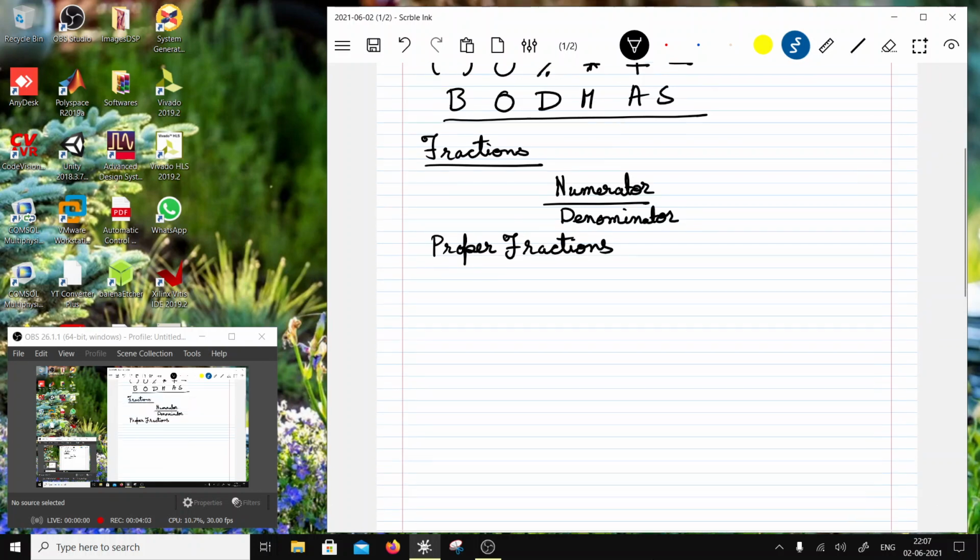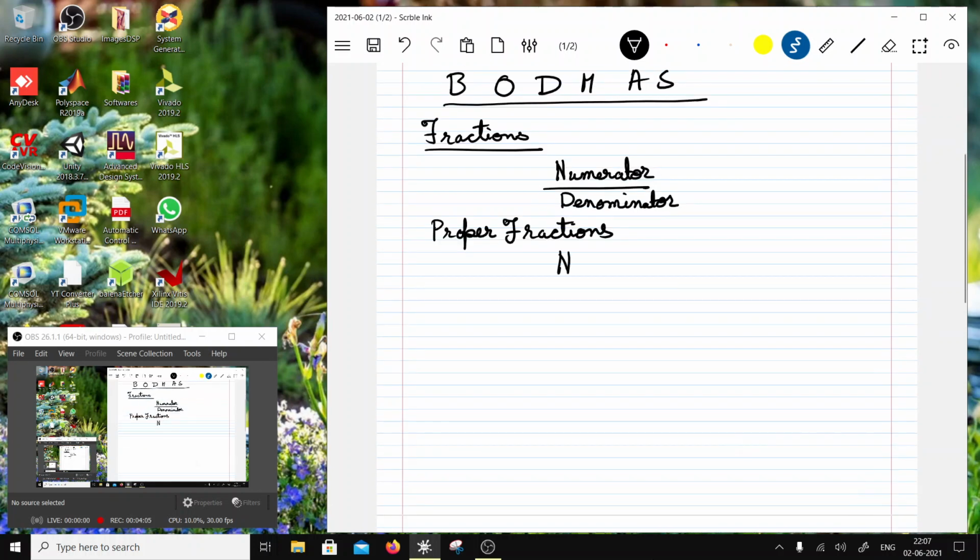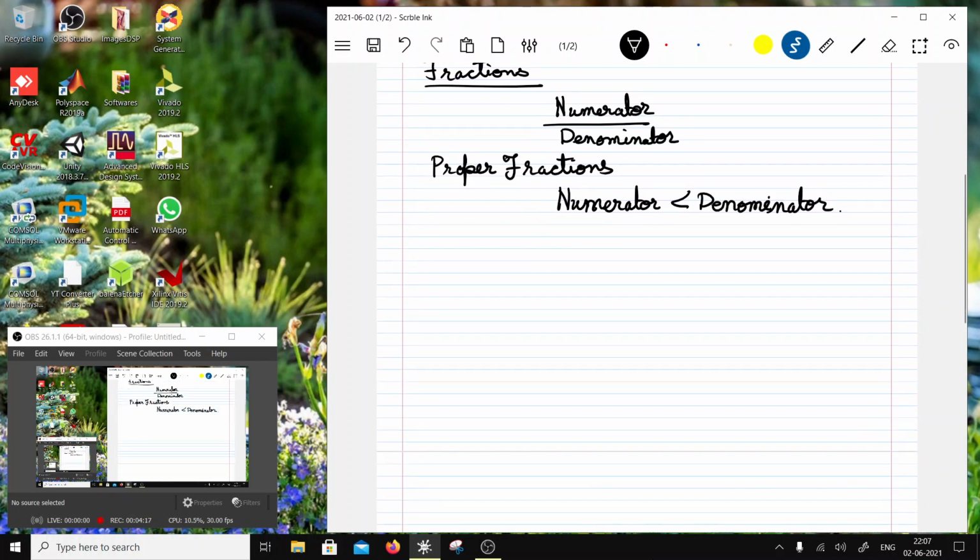In case the numerator is greater than the denominator, then they are called improper fractions.